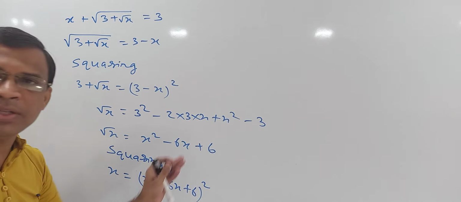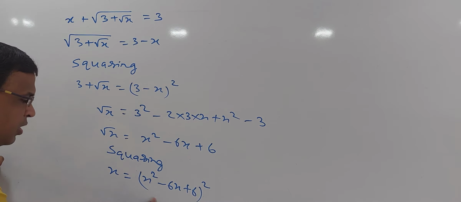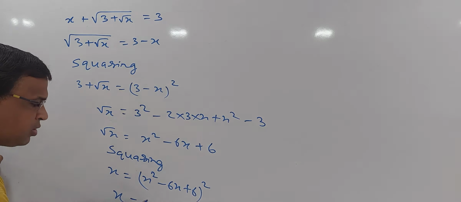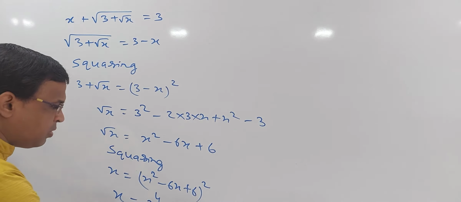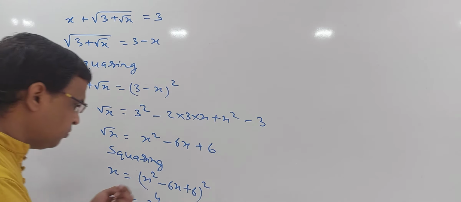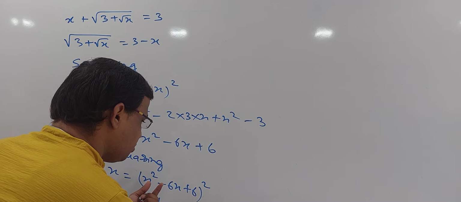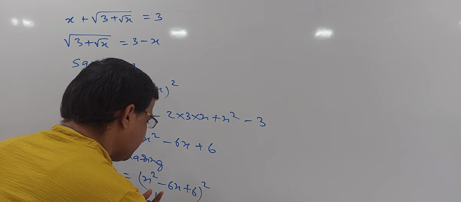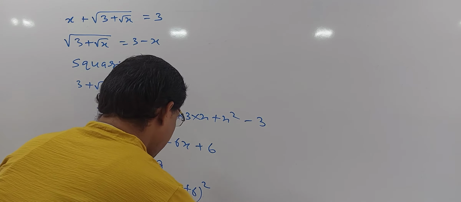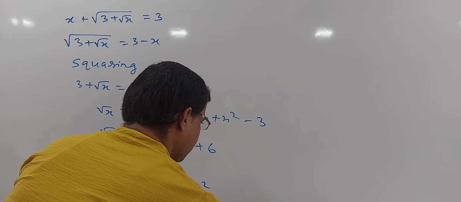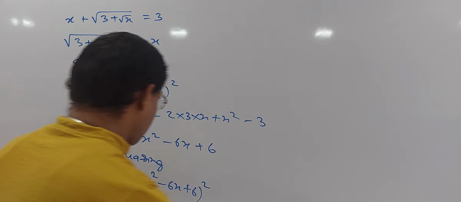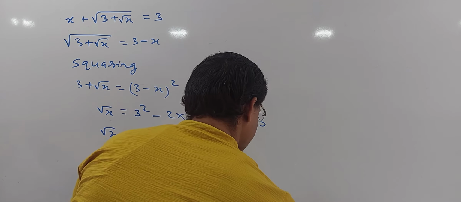The (a plus b plus c) whole square identity we can use. So it will give me x is equal to x power 4 plus 36x square plus 36, minus 2ab is minus 2 into x square into 6x, minus 2bc is minus 2 into 6x into 6, and plus 2ac will be 2 into x square into 6.